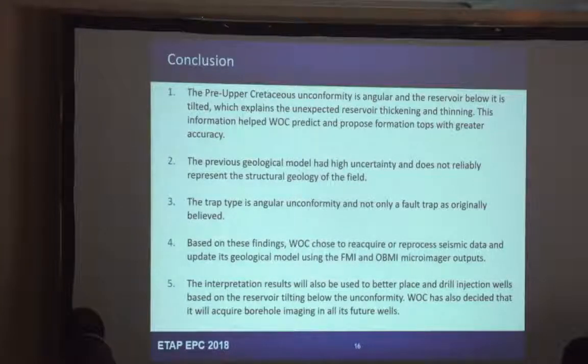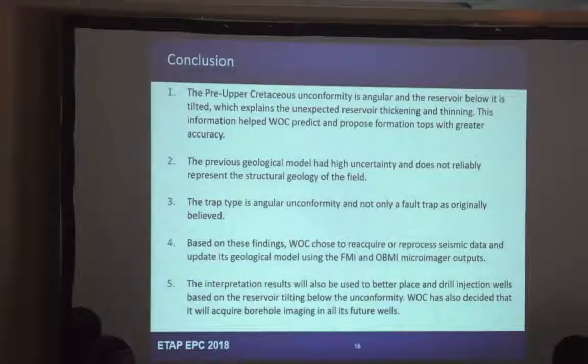So we come up with the conclusion of our presentation here that the pre-upper cretaceous conformity is angular, and the reservoir below it is tilted, which explains the unexpected reservoir thickening and thinning. This information helped Waha Oil Company to propose formation tops with great accuracy.